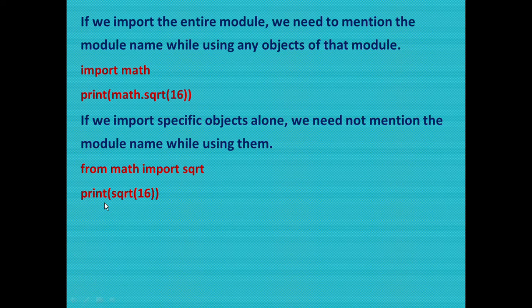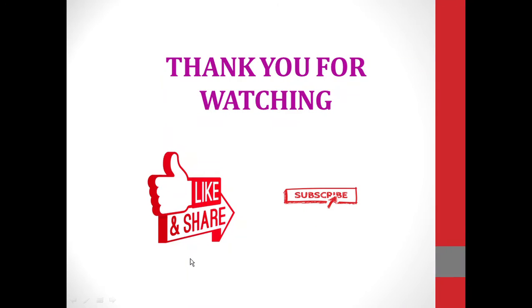We can simply say print sqrt of 16. And if you use this statement from math import star, here also we need not use the module name. Straight away we can use the function name. So that makes the difference between this import math and from math import star. I hope you have understood.